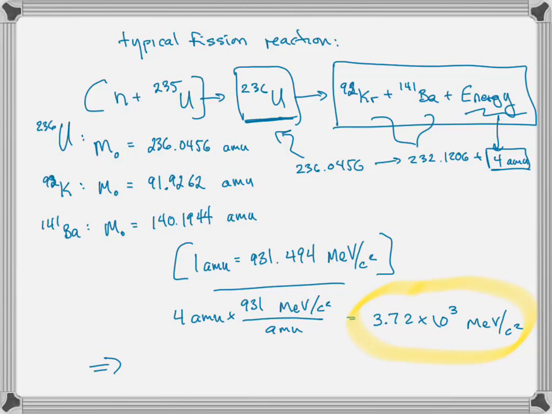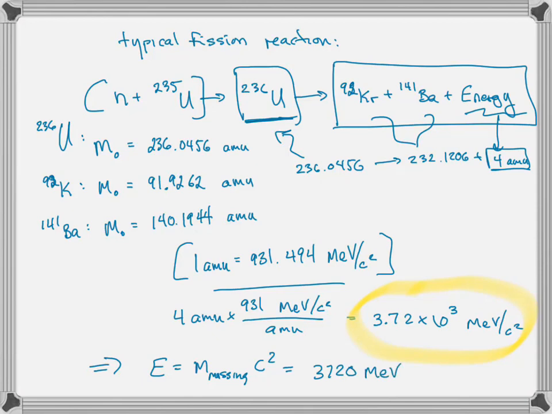So the total energy that's released in this reaction is the amount of mass that's missing times c squared, mc squared. It's not moving, so the mass wasn't moving to begin with, so gamma equals 1. So it's 3,720 MeV.